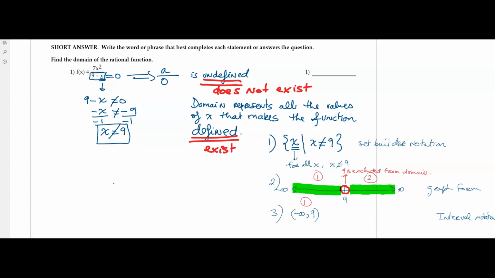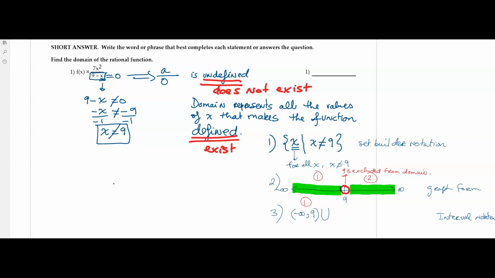How do I represent that? What kind of notation am I going to use that's going to say I'm adding another part? We're going to use the union sign. Okay? That's a big U right there. It means that I'm adding another interval to this set of intervals. And then number 2 goes from 9 to infinity.